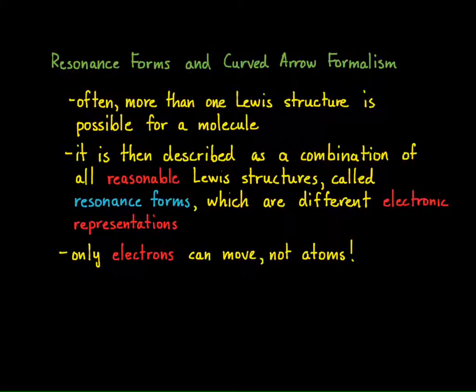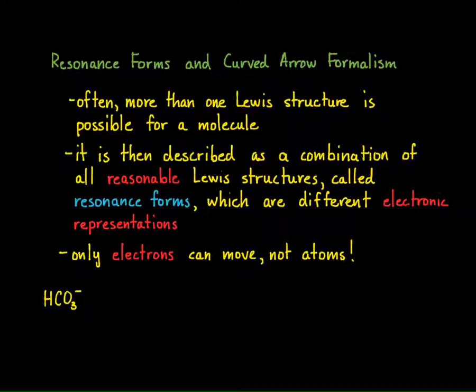And this is going to be a very basic theme throughout organic chemistry. We're going to discover that reactivity occurs when electrons move from one atom to another atom, or from one bond to another, right? Let's take an example of HCO3 minus.